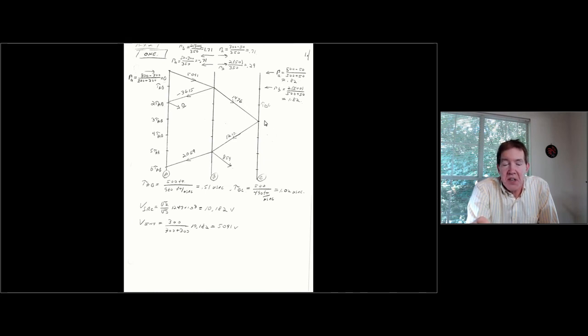It's got to propagate down the overhead at time tau AB, and then it takes another 2 times tau AB because the velocity of propagation in the cable is like 2 times what it is on the overhead. It takes a little more time before it finally gets to the far end.